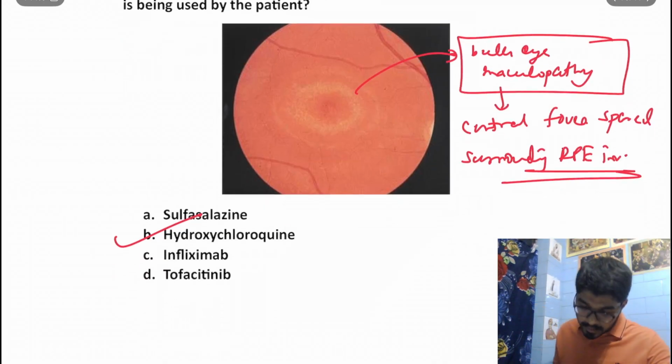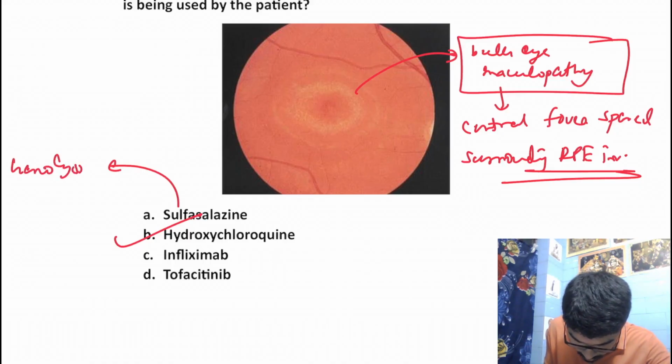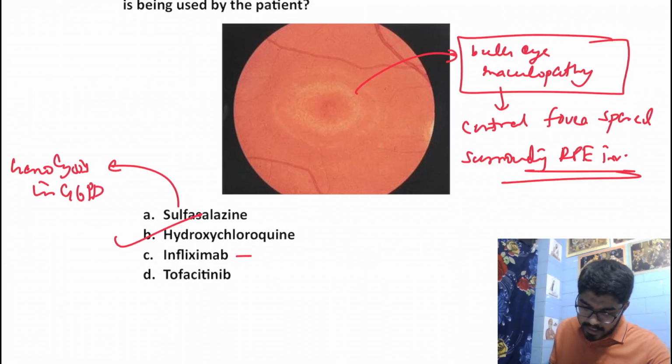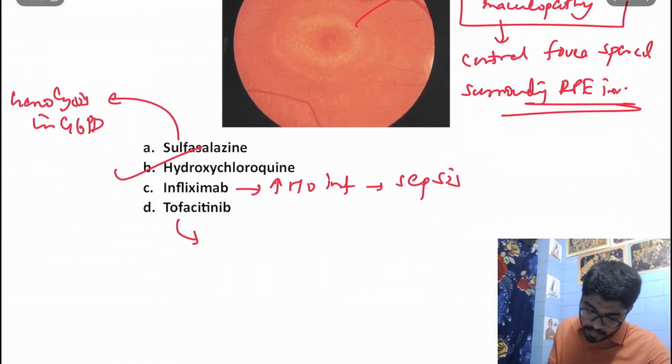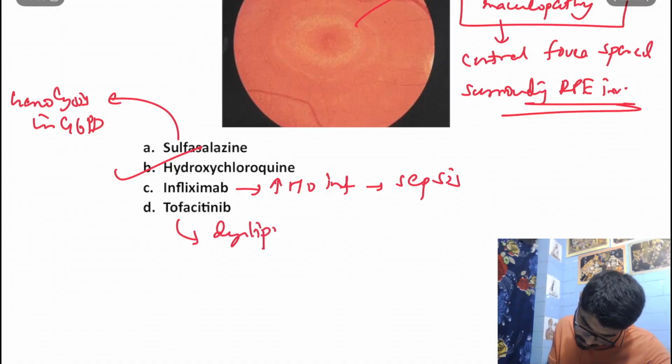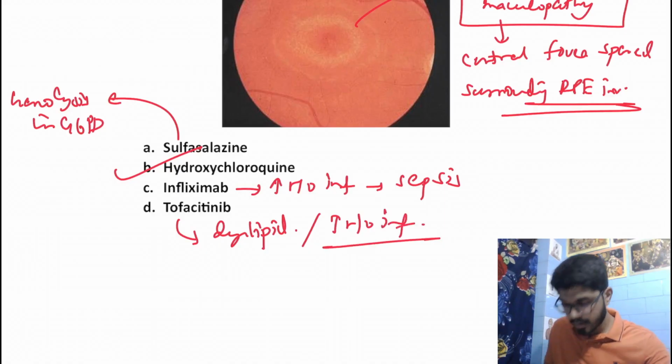Sulfasalazine would cause GI upset, and hemolysis in G6PD deficient individuals. Infliximab would increase the risk of infection, even progressing to sepsis. Tofacitinib is associated with dyslipidemia and increased risk of infection. Okay. So the answer over here would be hydroxychloroquine.